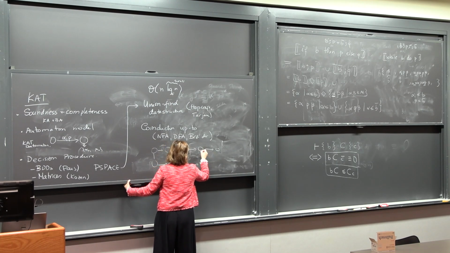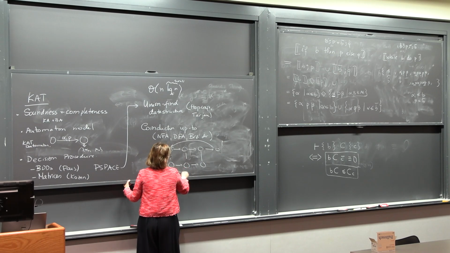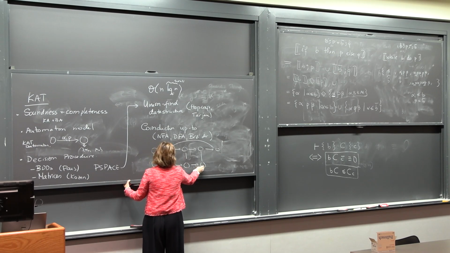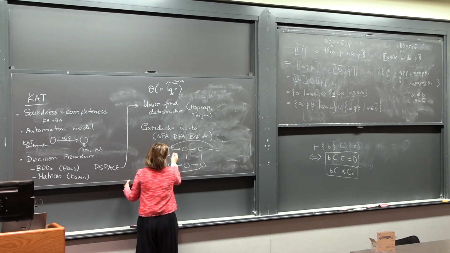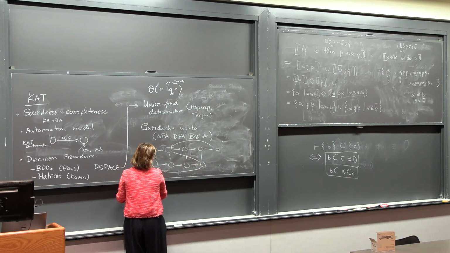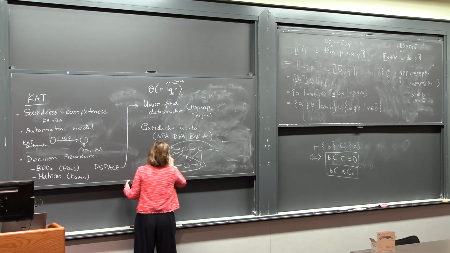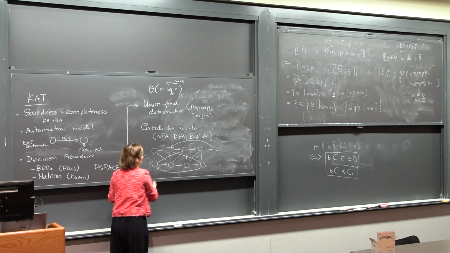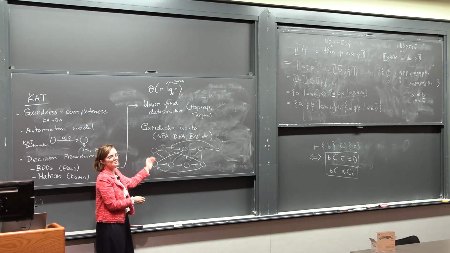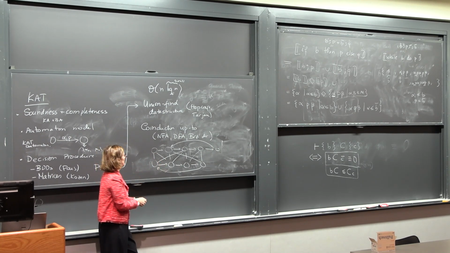And then this goes back here. And this goes back here. And then you end up with something like this. You can basically find yourself in this worst case scenario in which you've connected every pair.